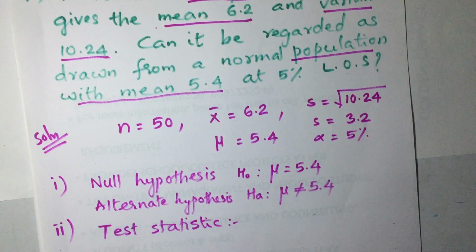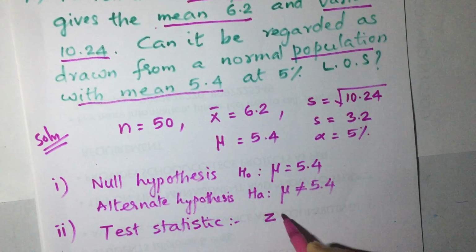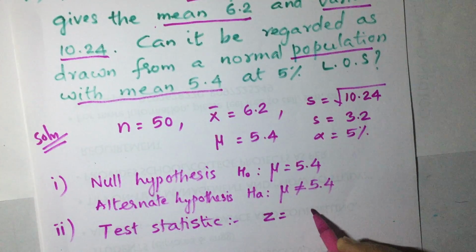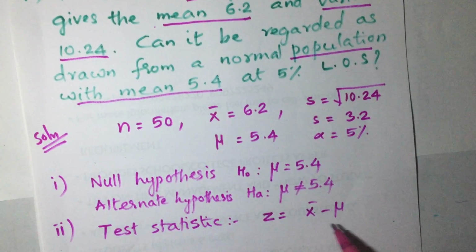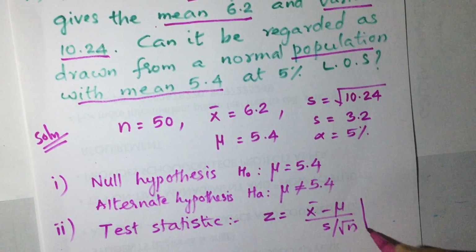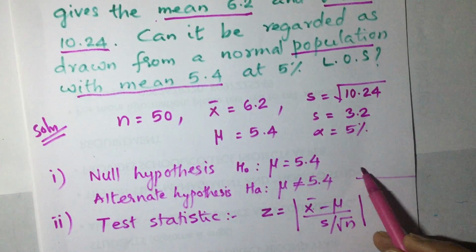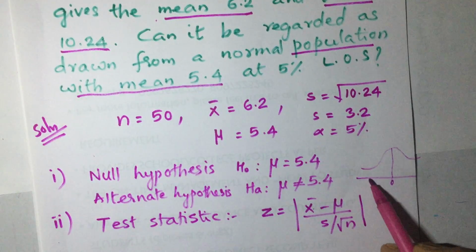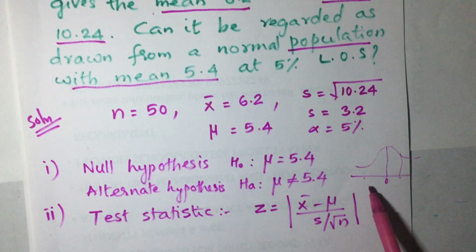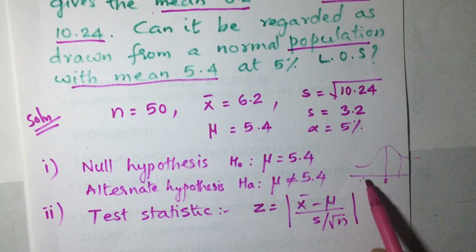The test statistic is Z equal to x bar minus mu upon S divided by root of n. You take its modulus value, because both negative and positive values come, to the left and right of zero, so we say Z lies between these two values.